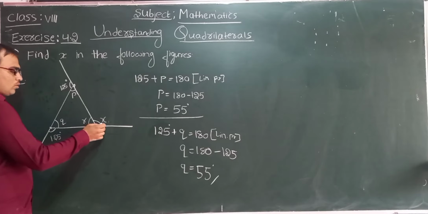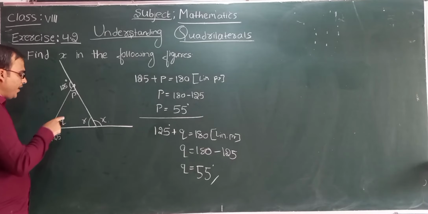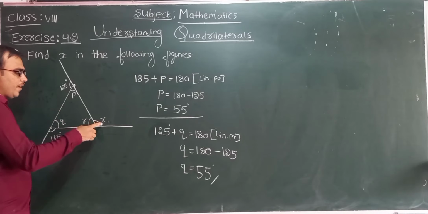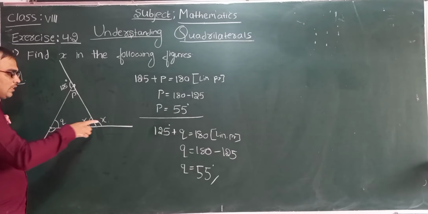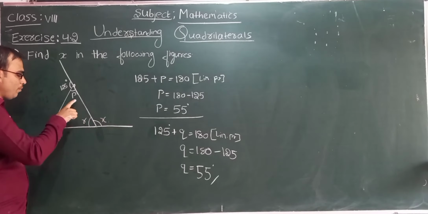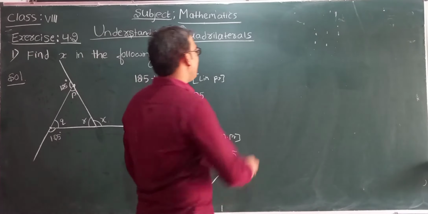Students, for this x, the interior opposite angles are P and Q. The value of x will be equal to P plus Q. This is the exterior angle property.